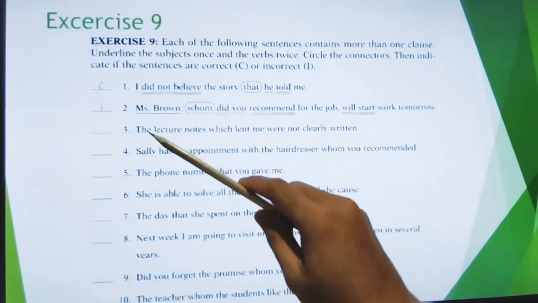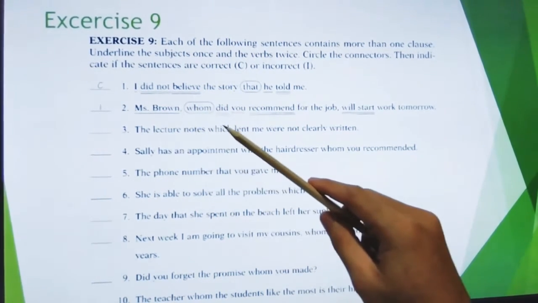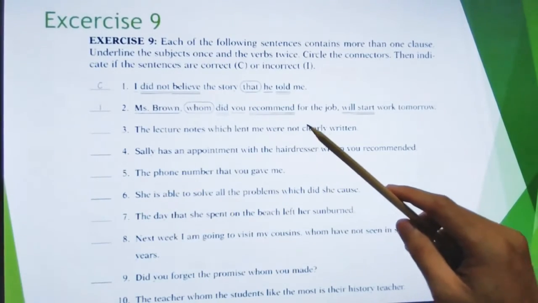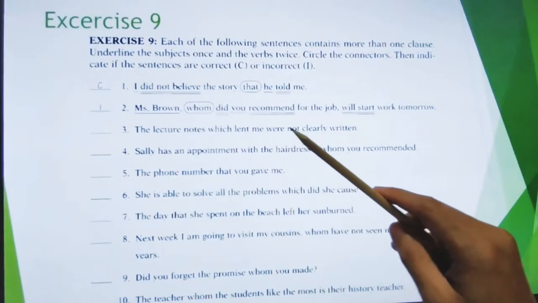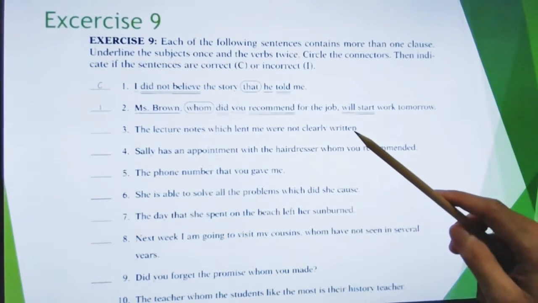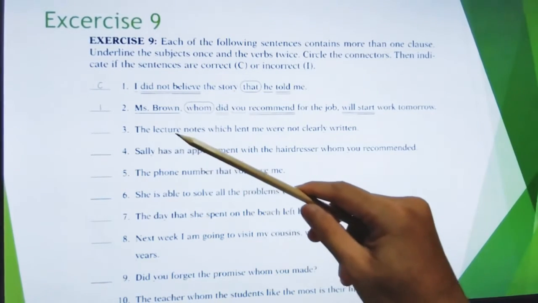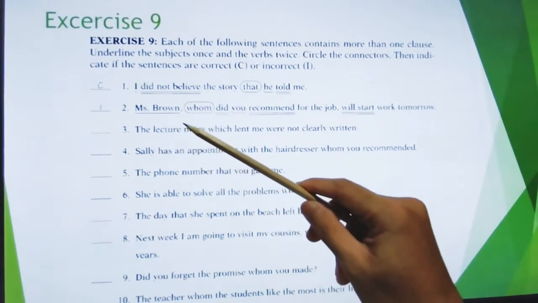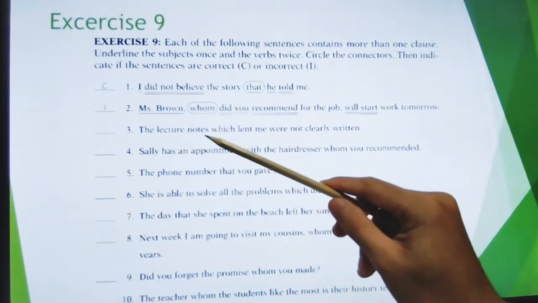So what about number 3? The lecturer notes which lend me were not clearly written. What about this one? This one is the subject. It could be a subject and it could be a verb.